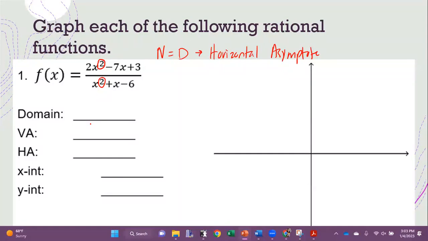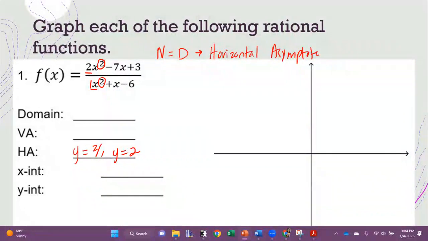Can someone tell me what my leading coefficients are? 2 and 1. So my horizontal asymptote is at y equals 2 over 1, which is just 2. Again, that's because the degree of my numerator equals the degree of my denominator.